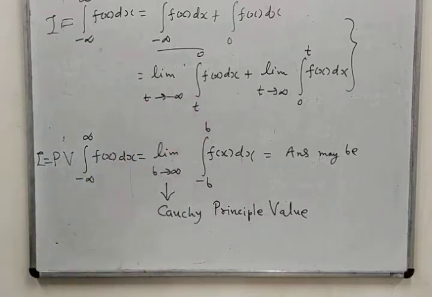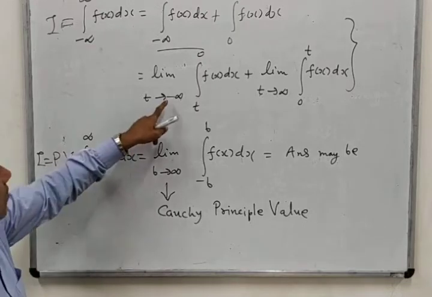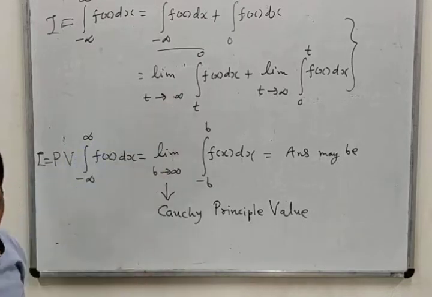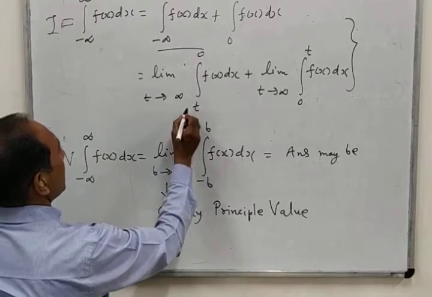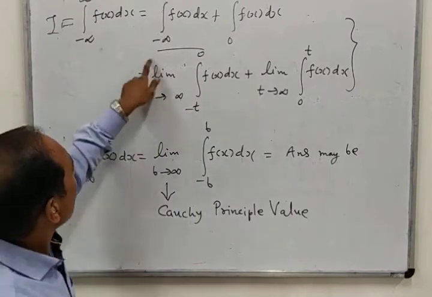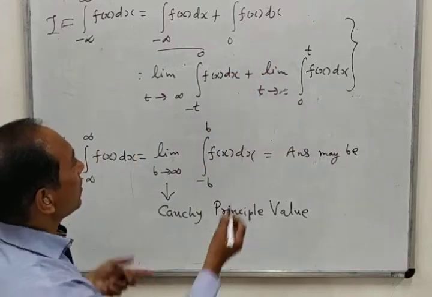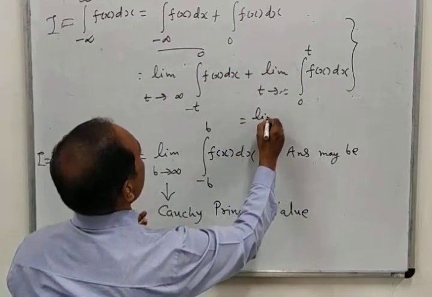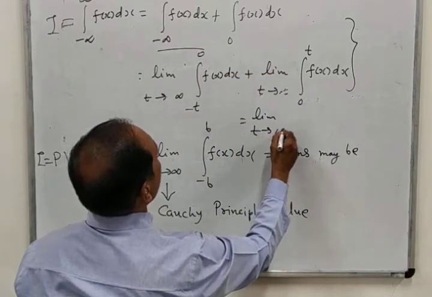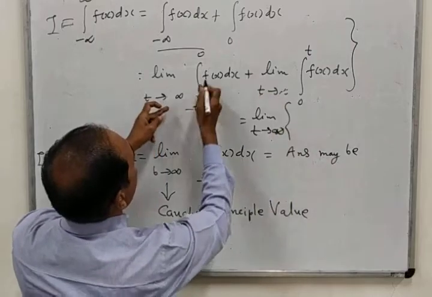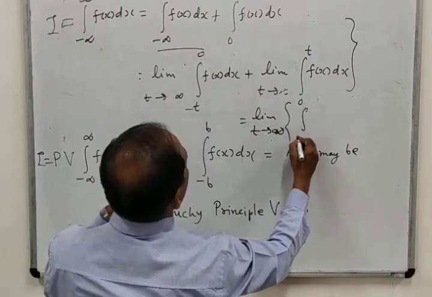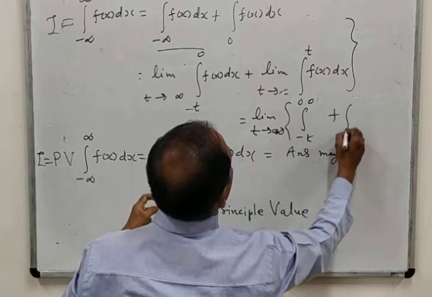So we write here t. Because if we write here t, suppose minus t, infinity, and here minus t, then both limits represent t tends to infinity. So some will do that, it is t tends to infinity. So both you will take common and both integrations you will write in this way, minus infinity to 0 plus 0 to t.